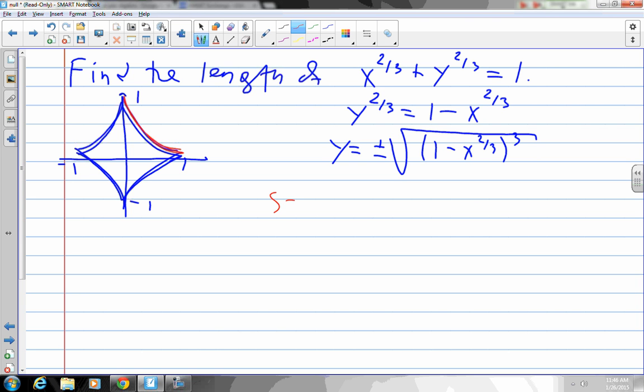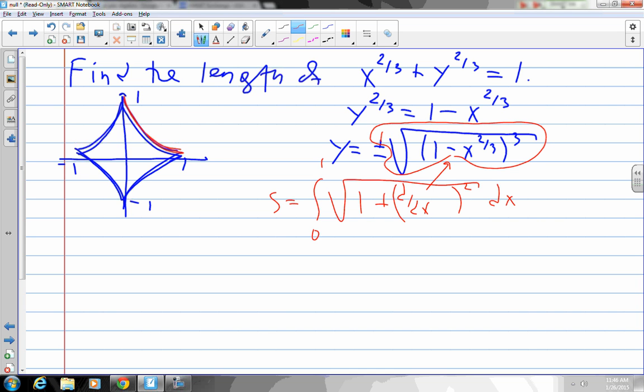Keep in mind, the formula in this case is the integral from 0 to 1 of the square root of 1 plus the derivative squared dx. And by that, I mean just taking the plus version. We need one of them. Times 4, very good. Thank you. Times 4, because we have 4 pieces.